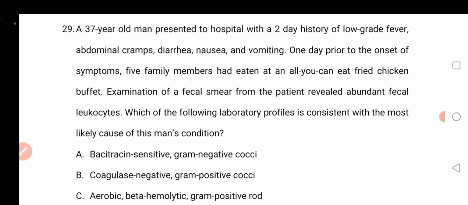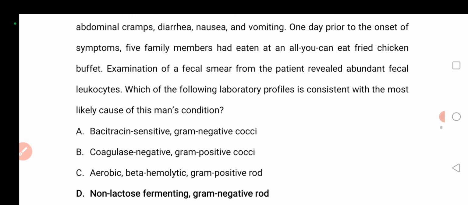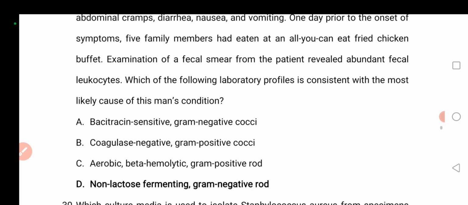Number 29 says a 37-year-old man presented to hospital with a 2-day history of low-grade fever, cramps, and diarrhea, and 1 day prior to onset of symptoms, he and 5 family members ate at an all-you-can-eat fried chicken buffet. The fecal smear showed abundant fecal leukocytes. Which of the following laboratory properties is consistent with the most likely cause of this man's condition?